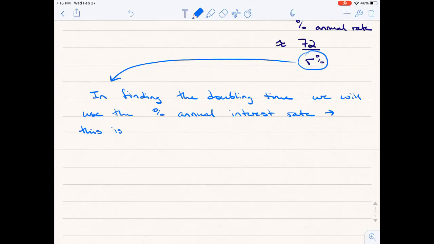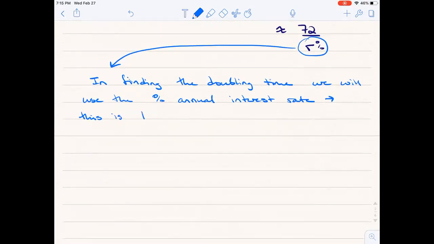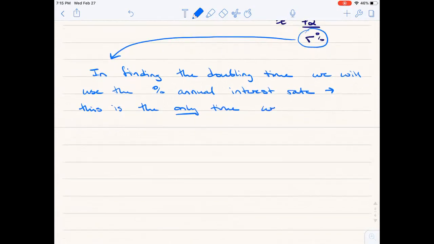Otherwise, we always convert it to a decimal, right? So this is the only time we won't convert the rate to a decimal.